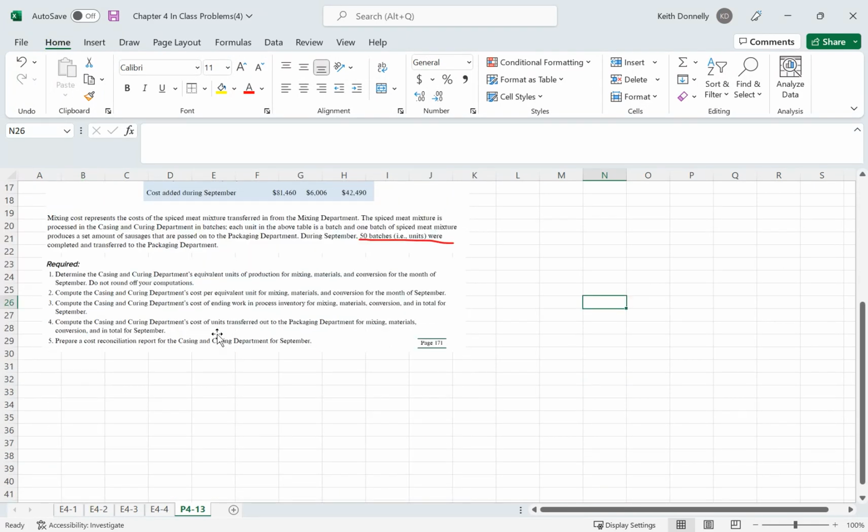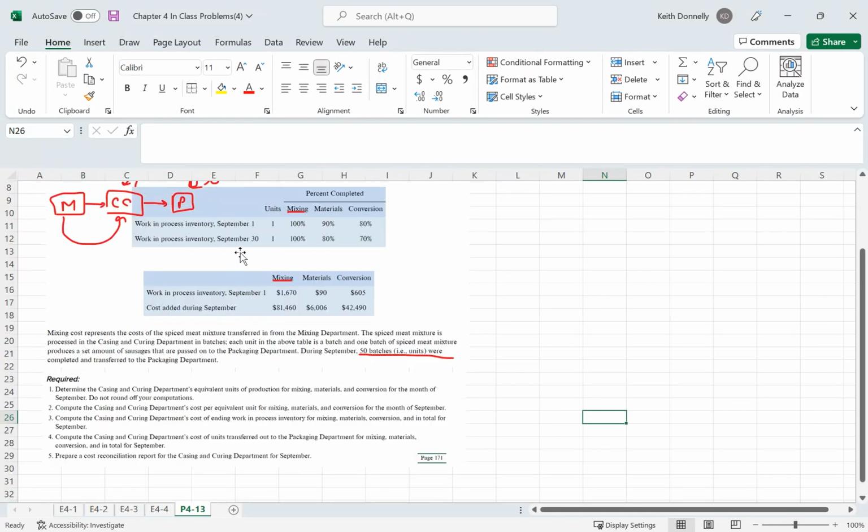All right, so let's look at what they're asking us here, and it will make more sense as to how we analyze this when we go through the requirements. So 1 says, can you please determine the casing and curing department's equivalent units of production for mixing, materials, and conversion for the month of September?